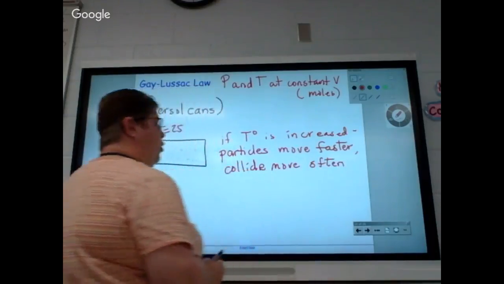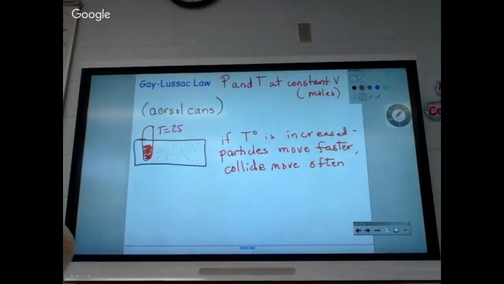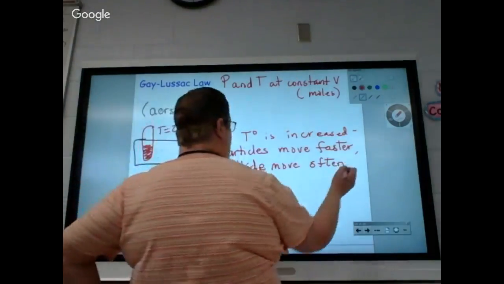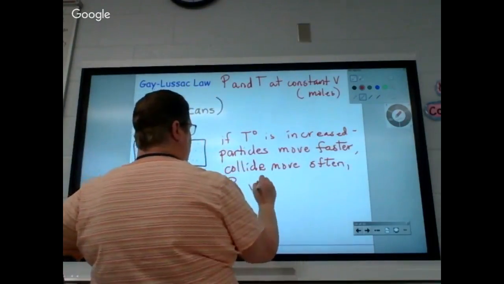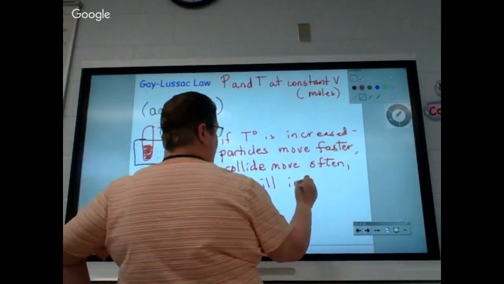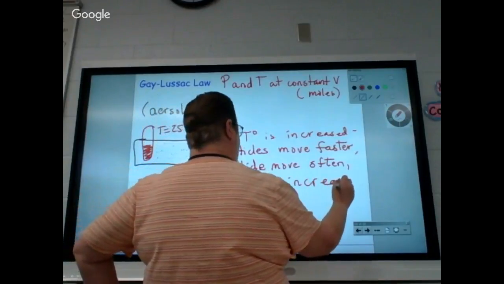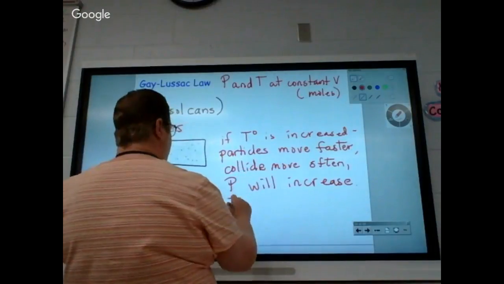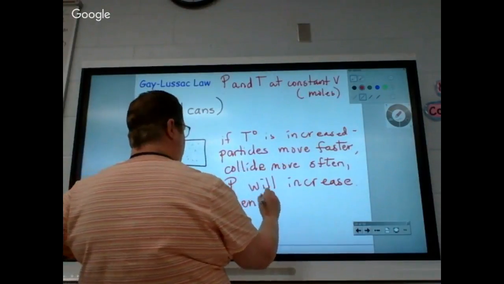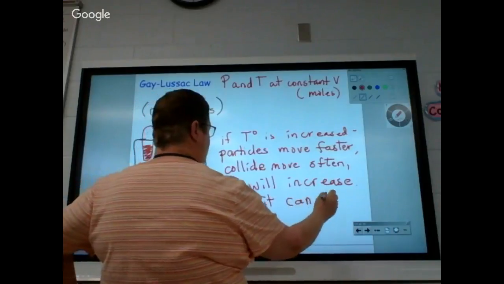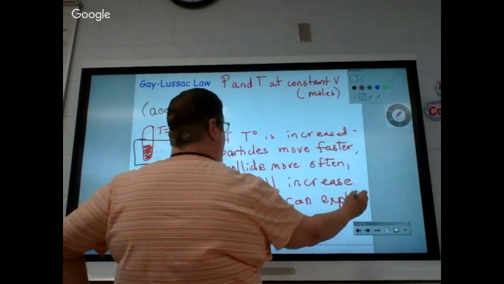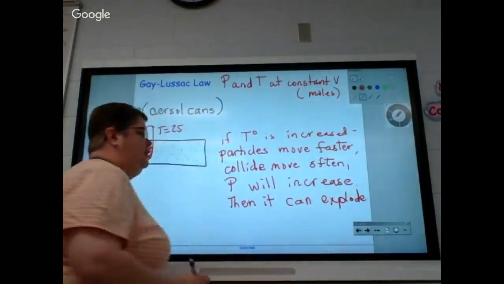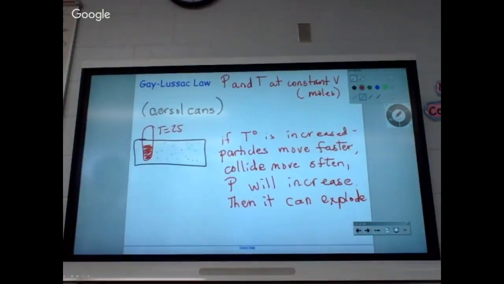If they collide more often, what's going to increase? That's right, pressure will increase. Then it can explode. So what did I do to pressure and temperature here? The increase.